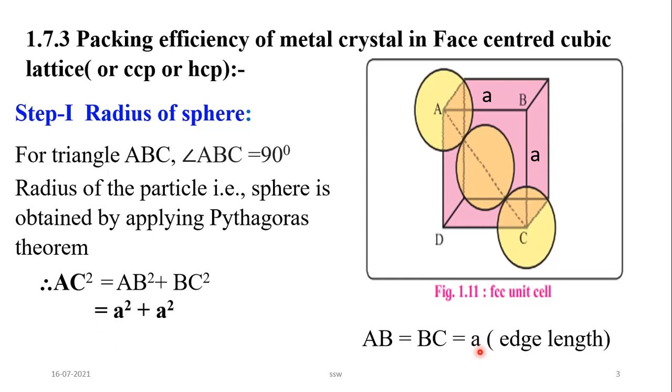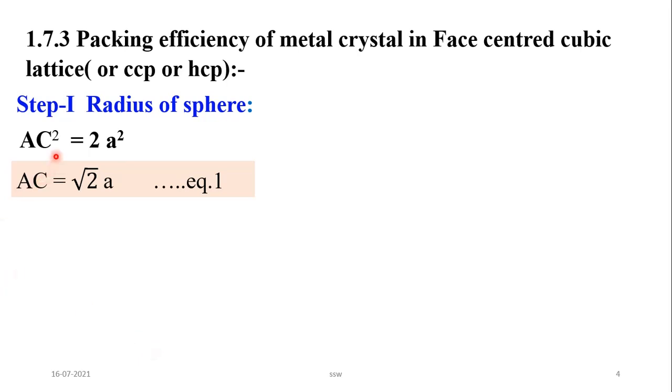So if you substitute these values, we get AC square is equal to a square, that is AB square, plus BC square, that is a square. So AC square is equal to a square plus a square, means 2a square. So AC square is equal to 2a square, and therefore AC is equal to root 2 into a.